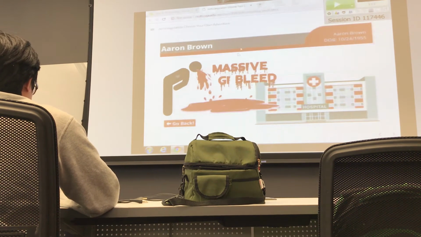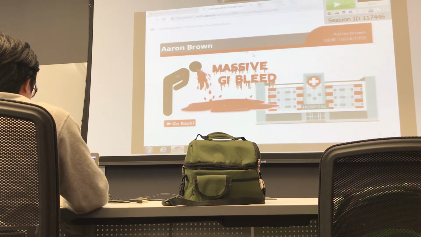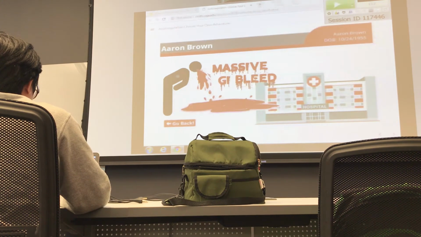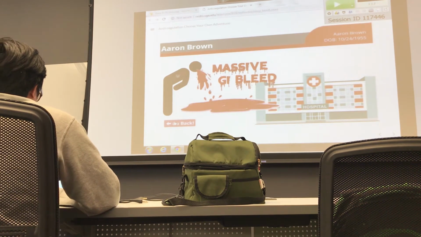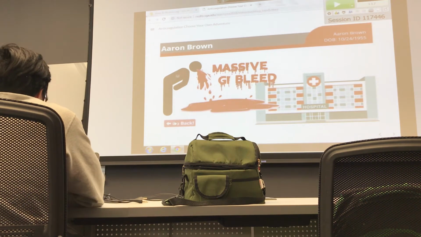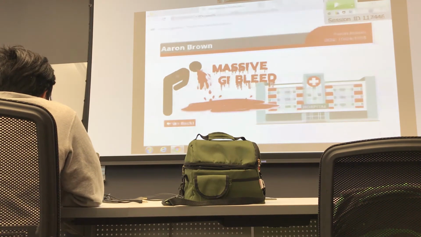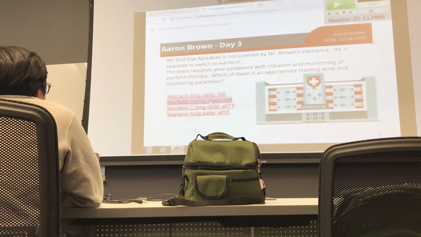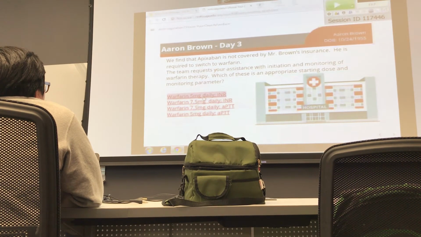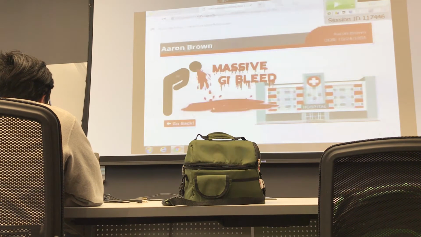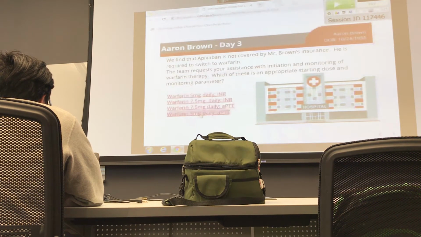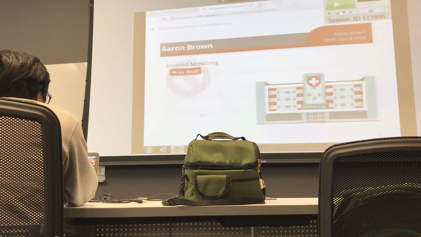So, of note, this is probably overdramatic and graphic, but nonetheless, depending on our patient-specific factors, we may choose to start with a 5 milligram dose instead of starting higher doses of warfarin. This is an art, not a science, so if you chose 7.5 milligrams in the real world, would your patient have a massive GI bleed? Probably not.